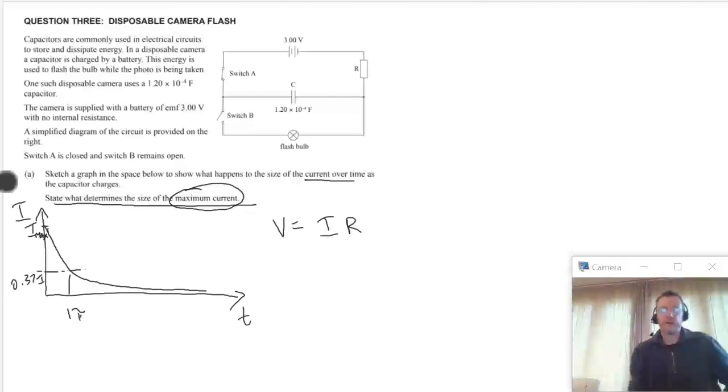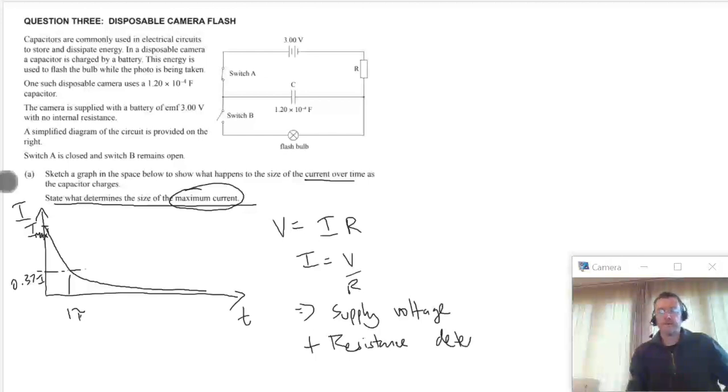So the only other things in this circuit are the voltage and the resistance. I equals V over R, therefore supply voltage and the resistance determine the initial current.